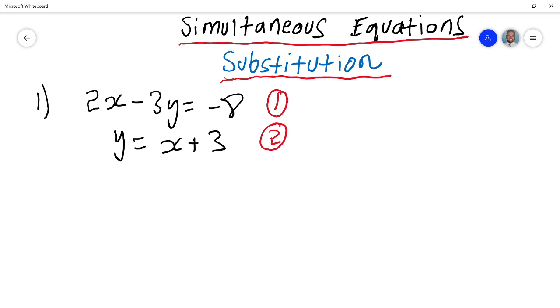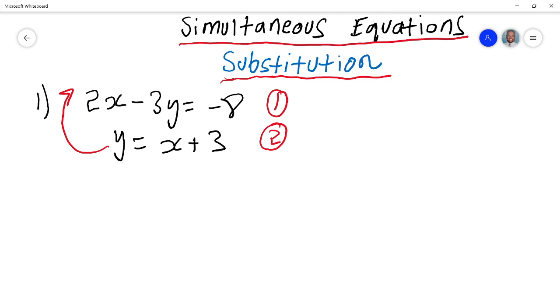The beauty about equation 2 is it already tells me what y is: y is equal to x plus 3. So what I need to do is, in place of y in the first equation, in the negative 3y, I'm going to put x plus 3. I'm going to use the second equation, y is equal to x plus 3, and substitute it in the first equation where there's a y.